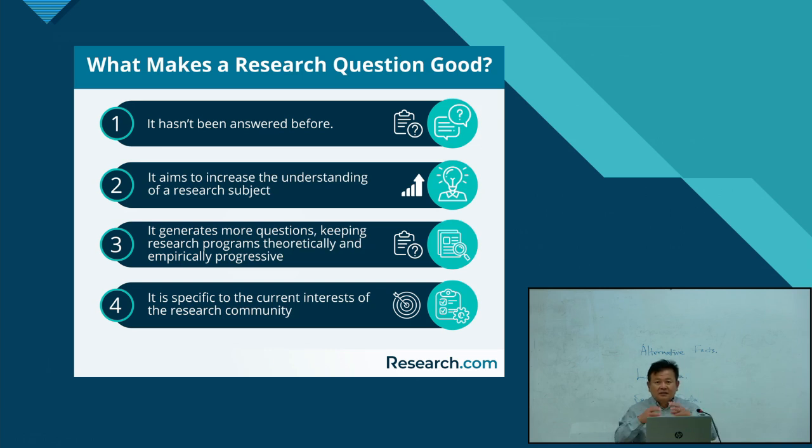Then people can change their minds. So exactly, there are no repeated answers from people. So the first thing is that a good research question is not repeated. It hasn't been answered before.